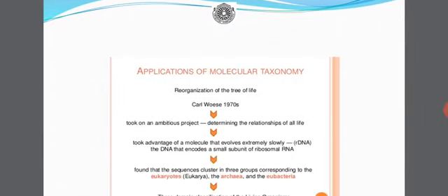Now the other applications of molecular taxonomy, it helps in the recognition of the tree of life, which was originally introduced by Carl Woese in the 1970s, and he took on an ambitious project to determine the relationships of all life, which took advantage of a molecule that evolves extremely slowly, that is the rDNA technique, and the DNA that encodes the small subunit of ribosomal RNA.